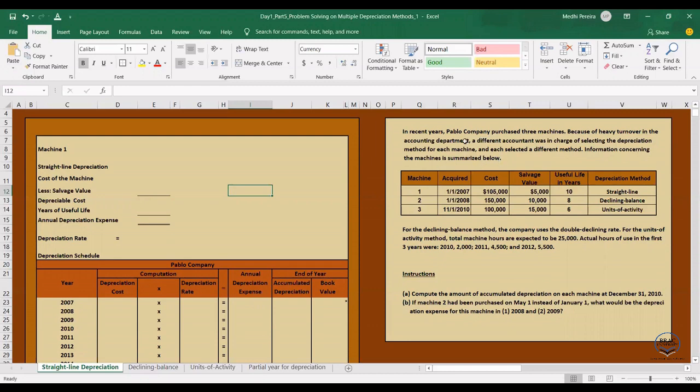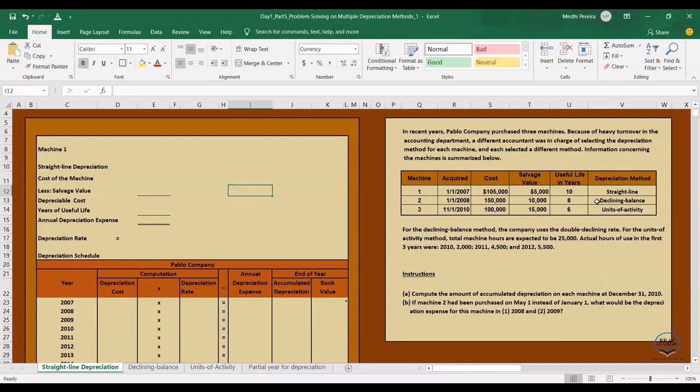So we have machine 1 that uses the straight line depreciation method, machine 2 that uses the declining balance method, and machine 3 that uses the units of activity method.